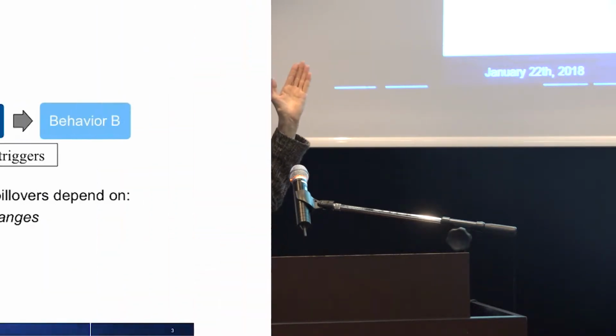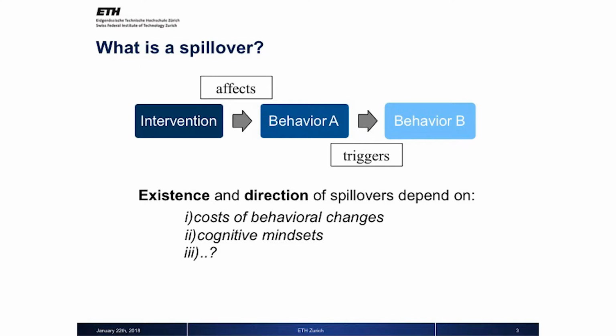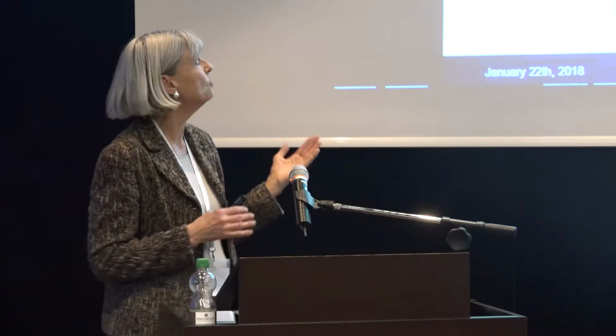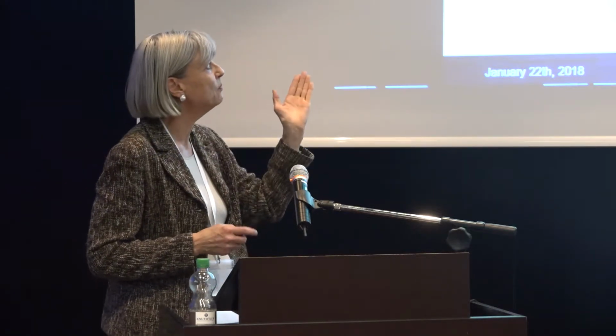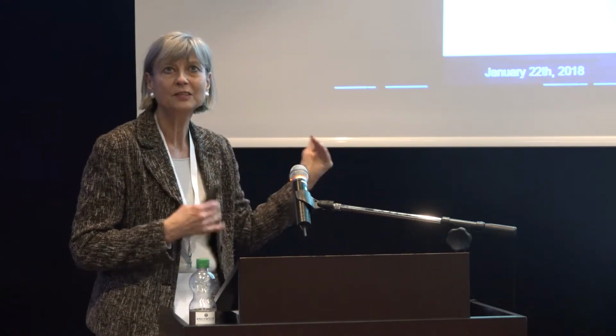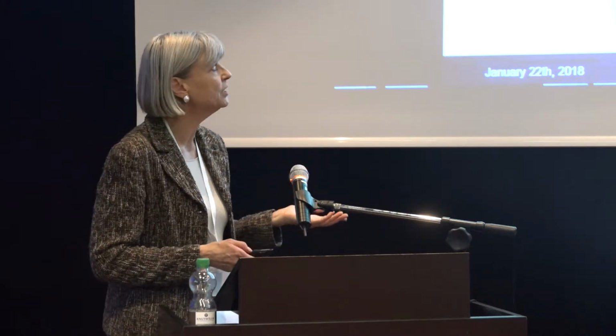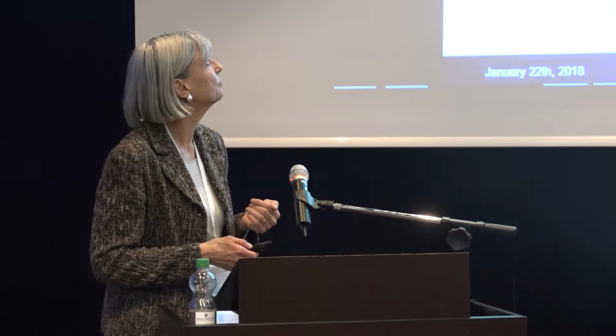So we are interested in the existence and the direction of spillover effects, meaning triggering the behavior in area B. And of course, we suppose right now that the costs of the behavioral changes in area A may have an impact, that the cognitive mindsets of people may play a role, and that a lot of other factors are important, which we want to research.